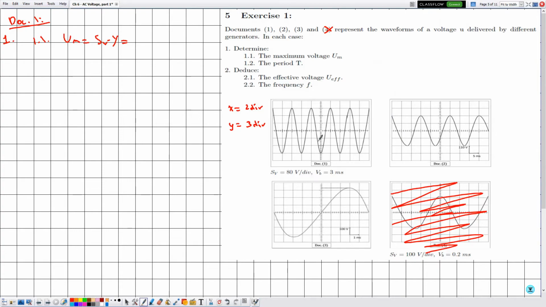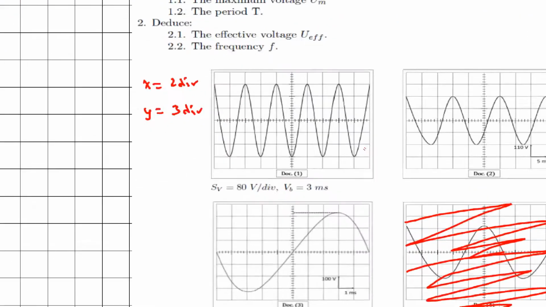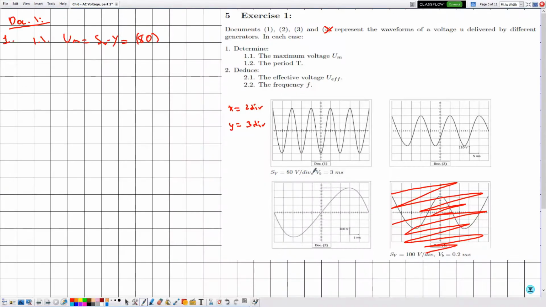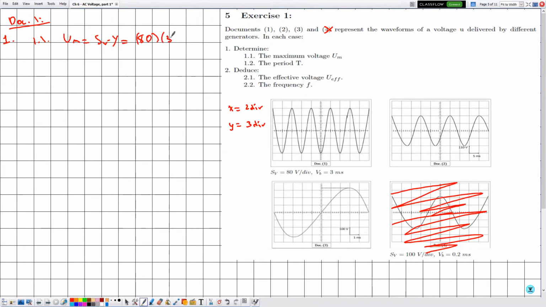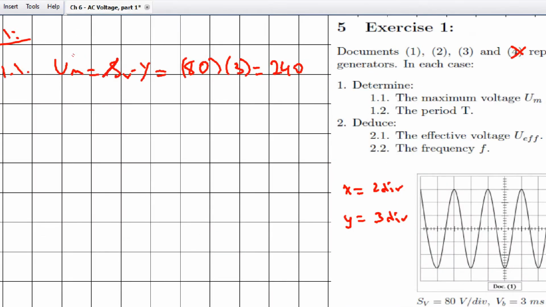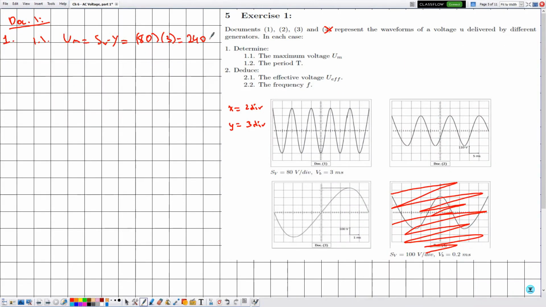Now the value of SV is indicated here, which is 80. Now the value of Y is 3. Plugging this into the calculator, the value of the maximum voltage is 240. Since SV and Y are both expressed in the SI, the value of U max will be in the SI, which is volts. Then U max in this case is 240 volts.